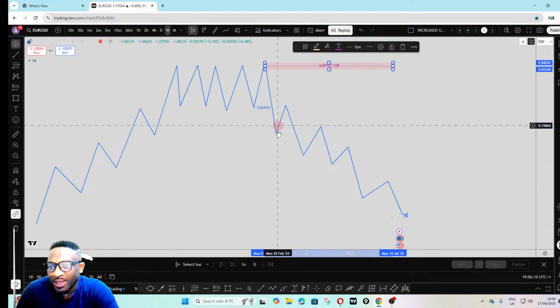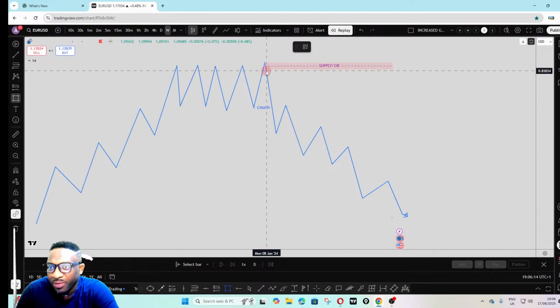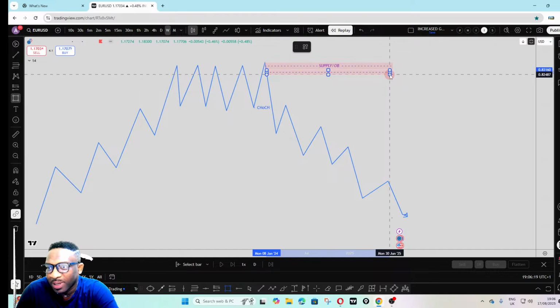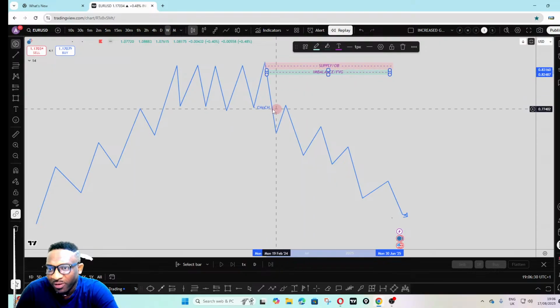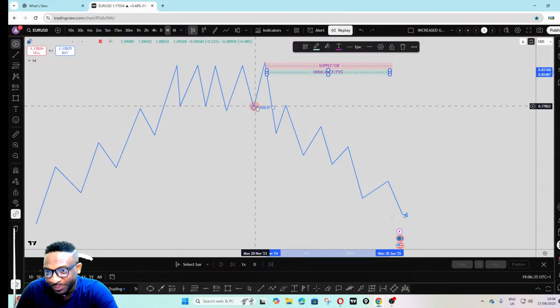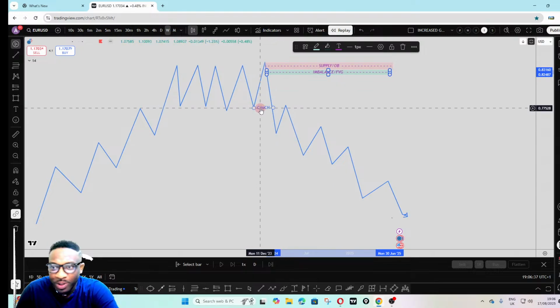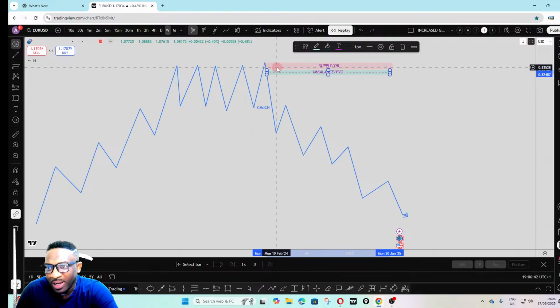What we want to see is, attached to the supply zone, some area of imbalance or a fair value gap to make it a valid area for us to look at. So this is an imbalanced supply zone. It's this break of structure, or in other words this change of character, that made this area a supply zone.